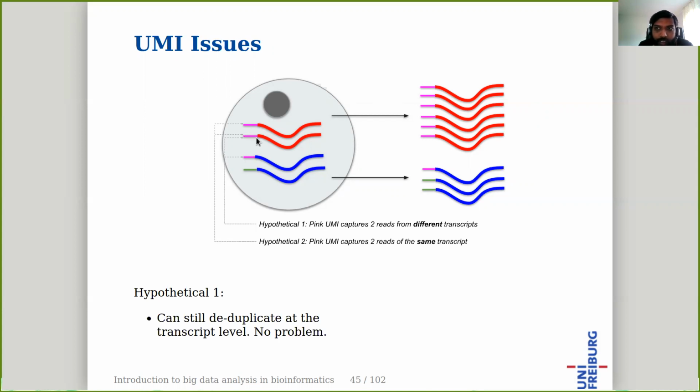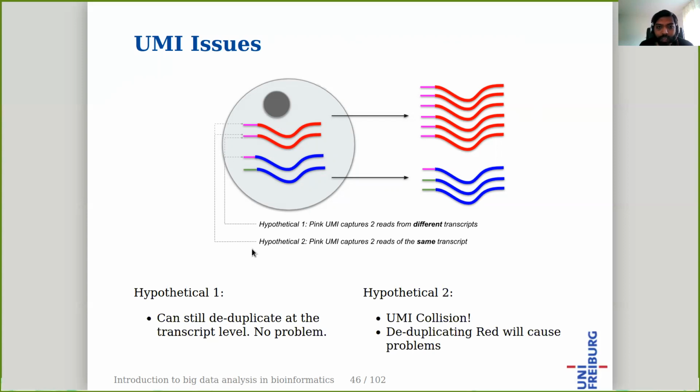So the pink UMI is attached to transcript red and transcript blue. This is not a problem, as we've seen before when I introduced the UMIs. We can still deduplicate at the transcript level, because these 2 transcripts are different. Even though the UMI is the same, the transcripts are different. This can be solved.